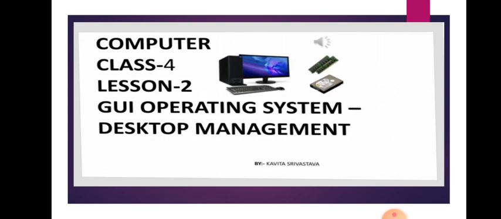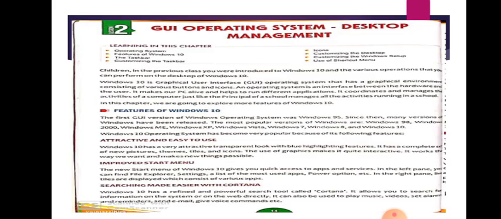Today in this session we are going to know more about the operating system, features of the operating system, Windows 10, the taskbar, and customizing the taskbar. So, dear children, in this chapter we will be discussing GUI, also known as Graphical User Interface.